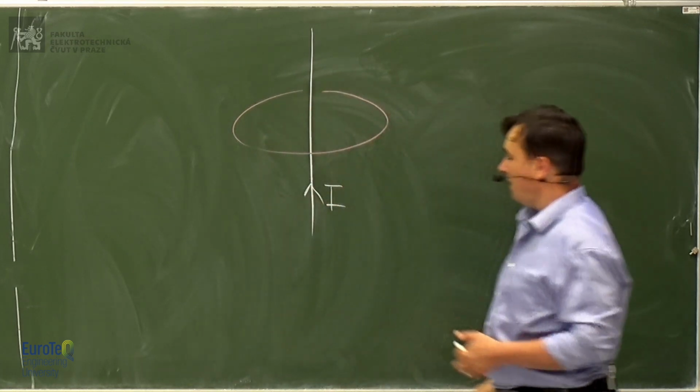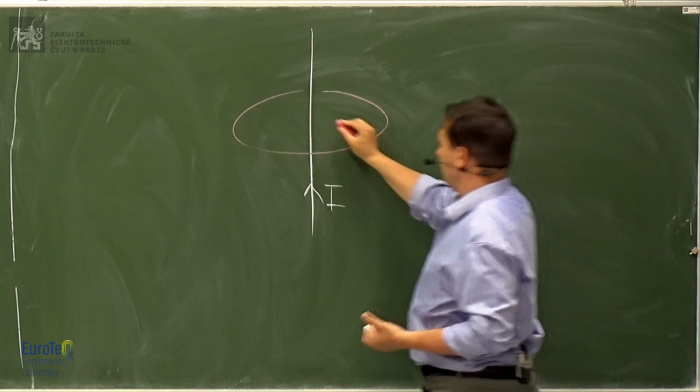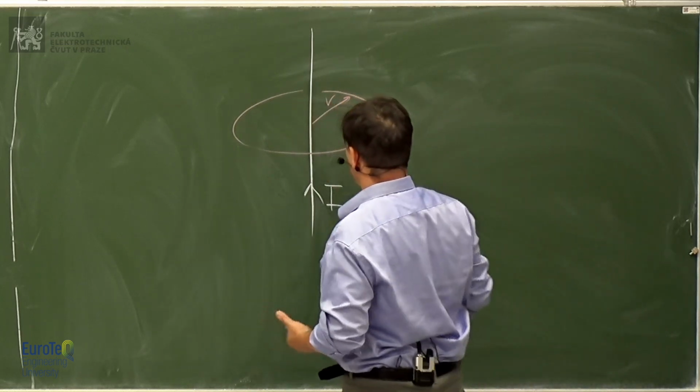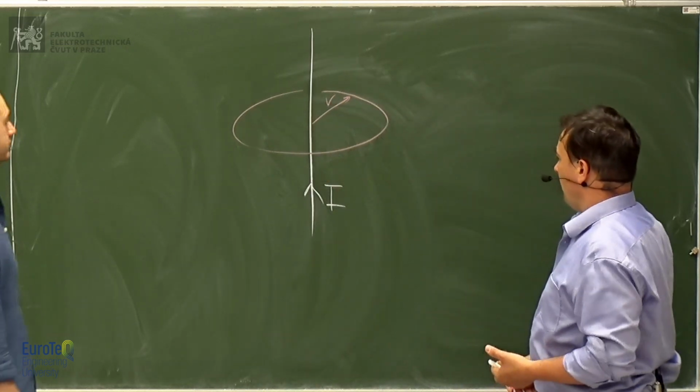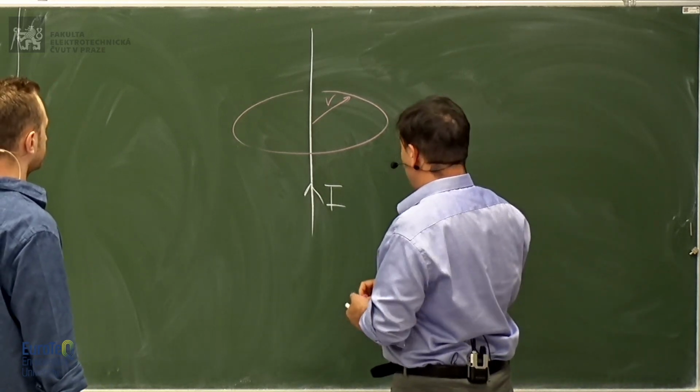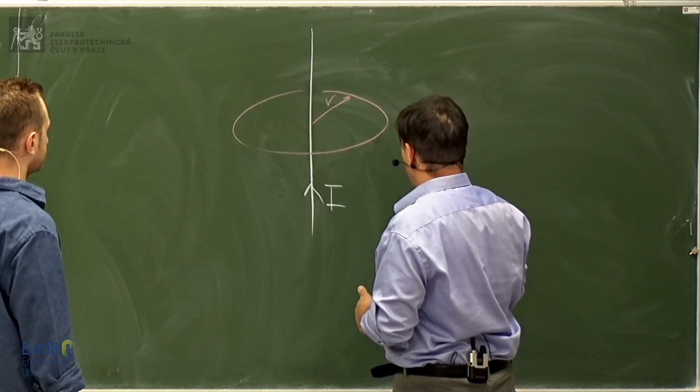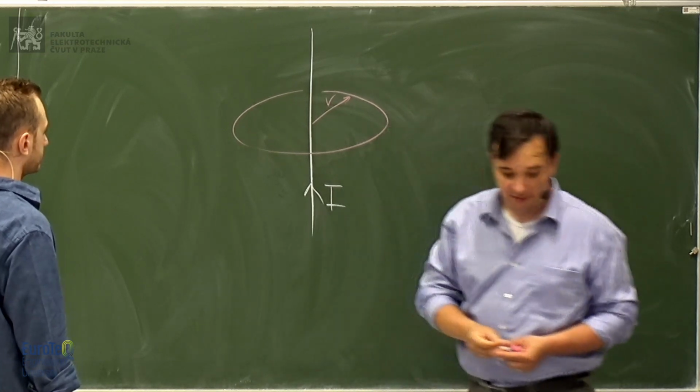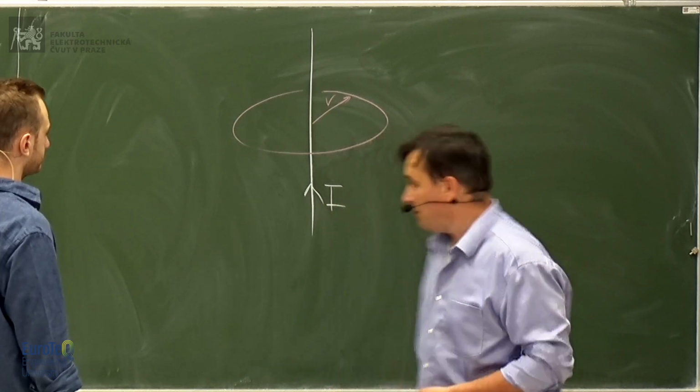Let's say that we have a circumference with a radius r. And what happens? Once more, we have a field, in this case, a magnetic field.